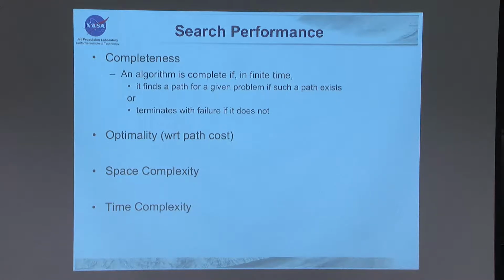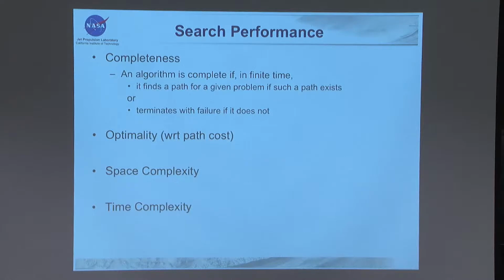And optimality, like I said, there may be multiple ways to solve the same problem. You may reach from here to there in multiple different ways. If you define a cost function, you ask if the algorithm returns the optimal solution. These algorithms exhaustively search in your search space, and they use memory, and they spend time to build this solution.